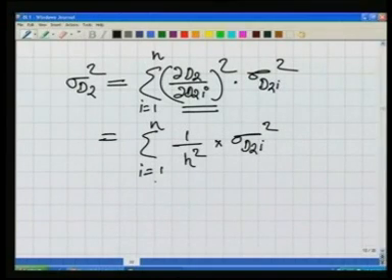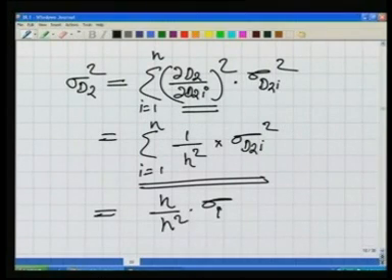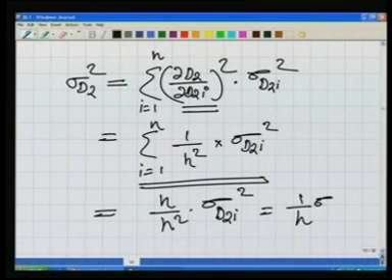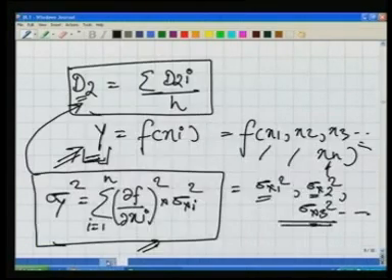And if you solve it further, because the sum is from i equals 1 to n, that will become n by n square into sigma D2i square. We can write it as 1 by n into sigma D2i square. If we expand this, we already know the value of sigma D2i square.